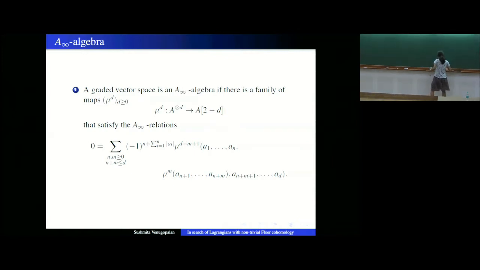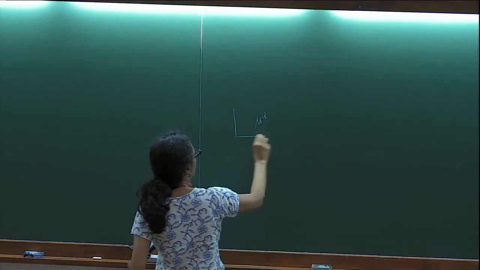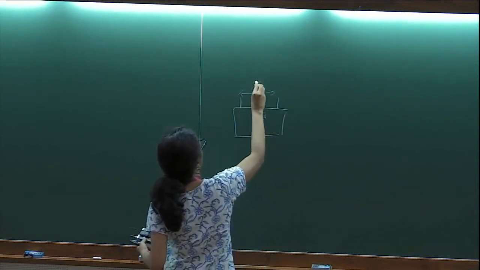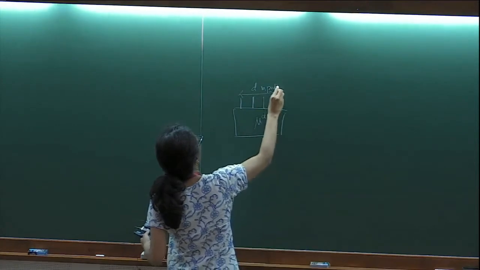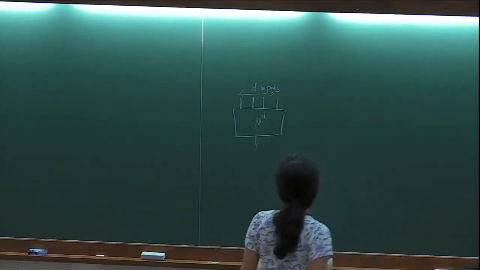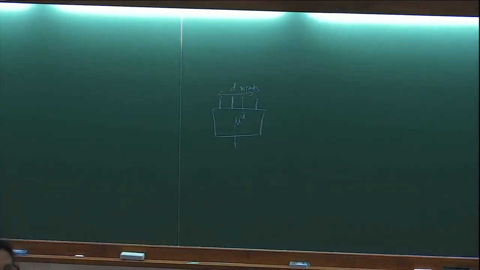So what's going on is your mu d is something that takes in d inputs and gives an output. And you look at the number of ways in which this block can be broken up into 2 blocks.